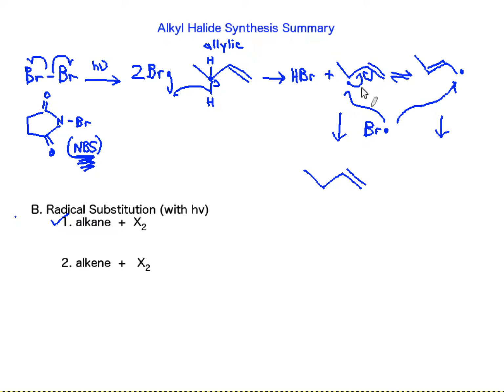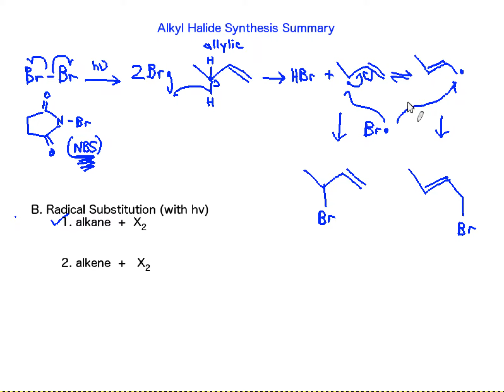In this first avenue, our radical is on this carbon, so our bromine can terminate there. In this reaction, our radical is at the end, our double bond has switched positions. And so we get two separate substitution products.